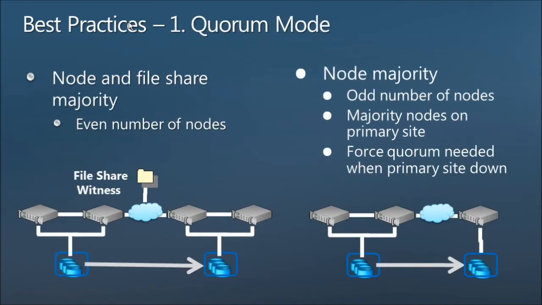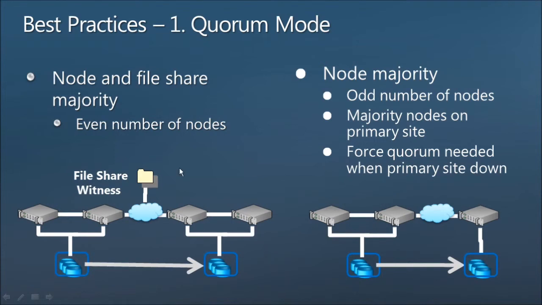So how should you choose the quorum mode for your Windows cluster? There's a very simple rule. If you have an even number of nodes, you should choose node and file share majority. Here's an example. You have 2 nodes in the local data center and another 2 nodes in the remote data center. So 4 nodes is an even number.